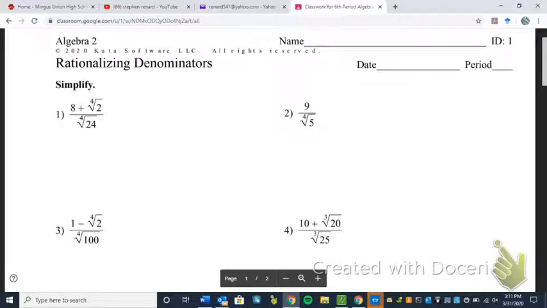I want to let all my Algebra 2 students know that starting Wednesday, April 8th, we are going to be doing Zoom lessons. So pay attention to your school email, and I will email everyone the Zoom code.